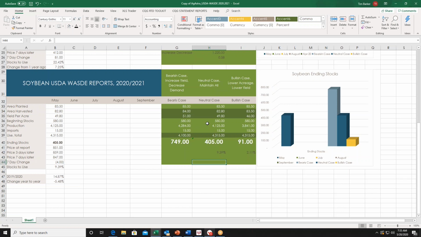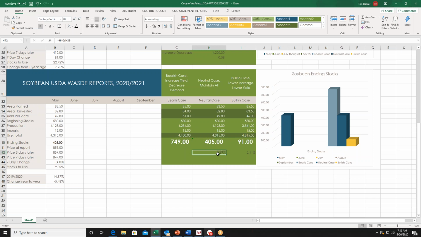So what is it about beans that they're interested in? Let's walk through it. This is the neutral case. This is exactly what the USDA told us the new crop was going to look like in their May report. These numbers are just reprinted right here. Very simple. They're telling us that we have a 405 million bushel carryout in soybeans.